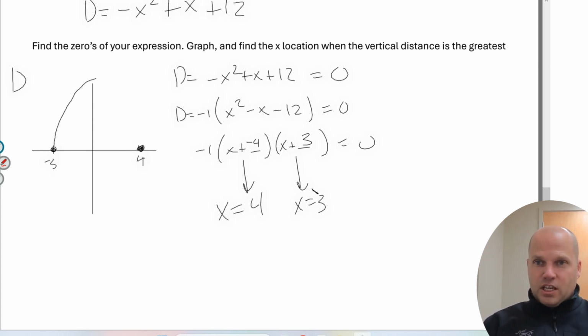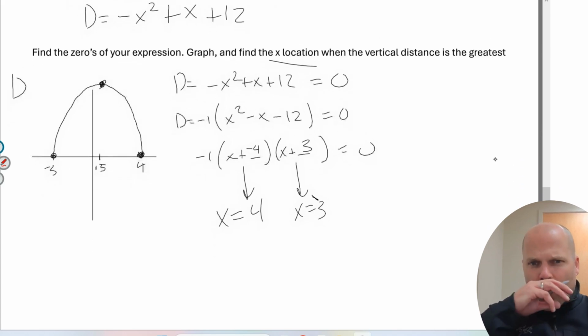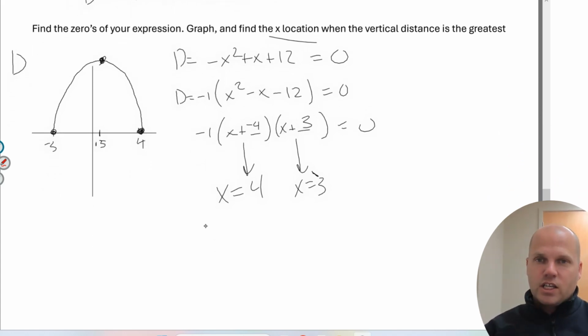Where is my distance going to be the greatest? It's going to be smack dab in between those two values, at 0.5. What is the distance? I mean, it actually just asks you for the x location. But if I ask you, what is the distance? It'd be the opposite, and I could just plug in 0.5 into any of these versions of my distance equation. I get negative 1 times negative 3.5 times positive 3.5, or I get 3.5 squared.